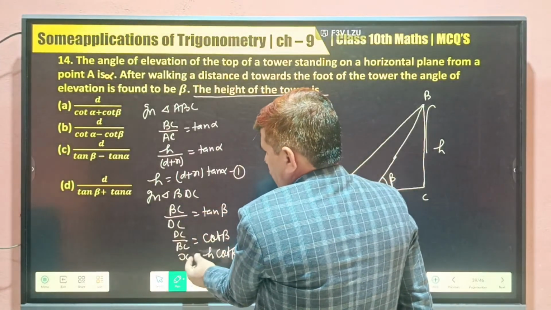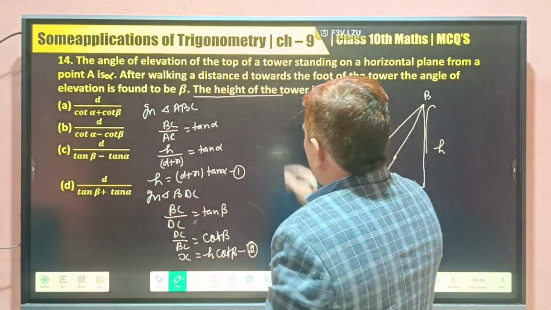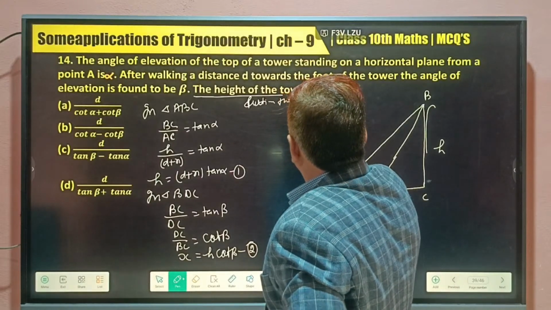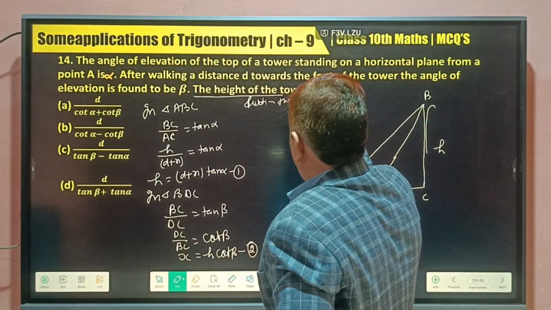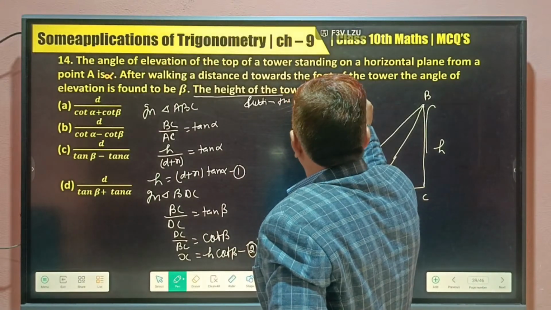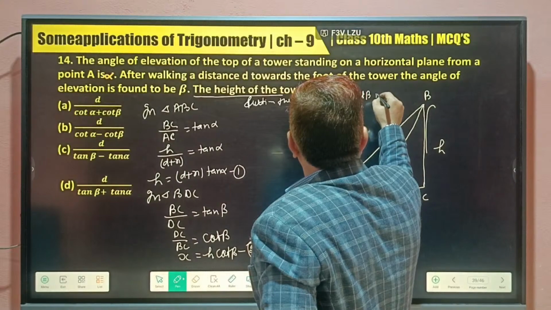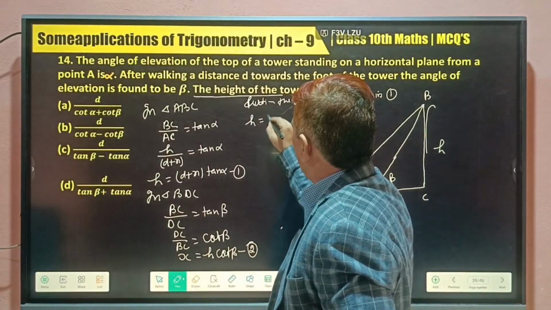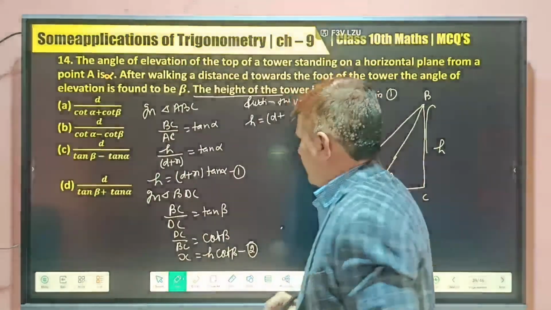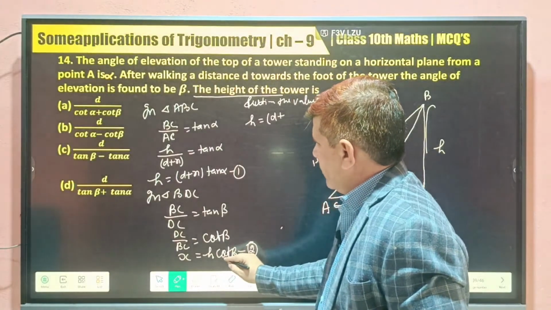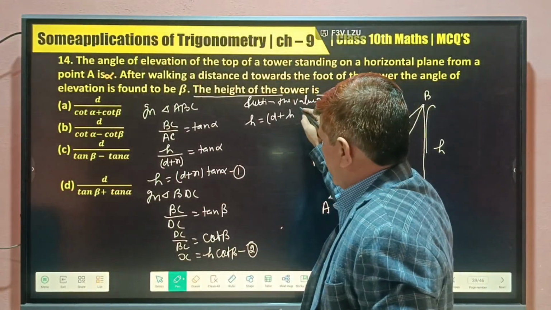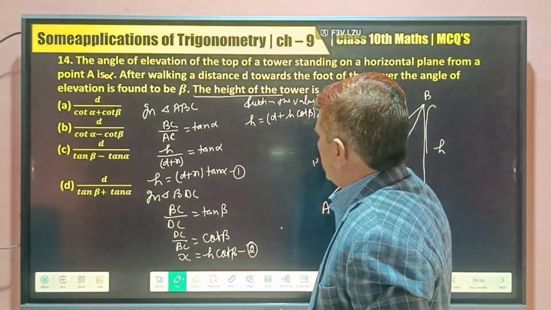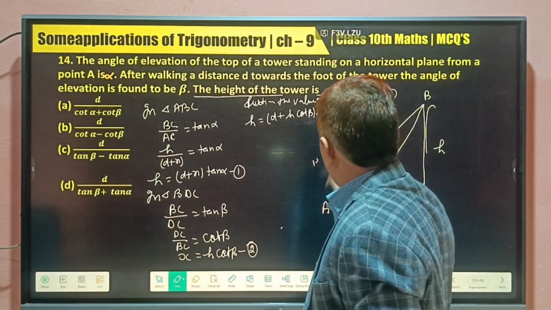We have to find the value of H, so we are putting the value of X in the form of H. Putting X equal to H cot beta in the first, we get H equal to D plus H cot beta, into tangent alpha.